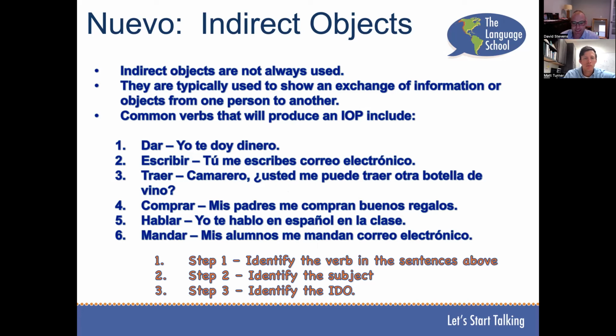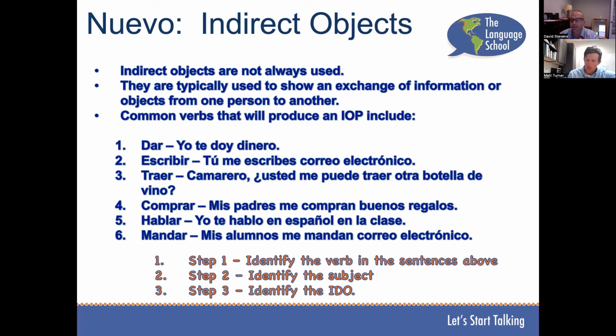Good. Número 3. ¿Cuál es el verbo? It's traer. No, it's puede. Puede. You're right on both. There are 2 verbs. It's poder, traer. But I would say this one's a little tricky, because there's 2 verbs. Poder is the verb being conjugated. However, traer is the primary verb, because bring me.